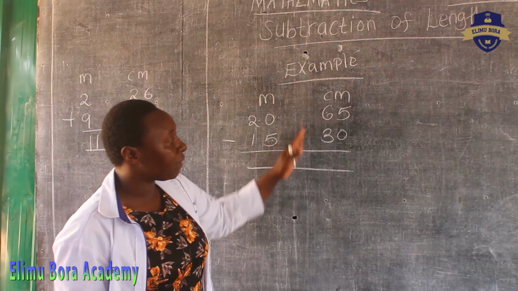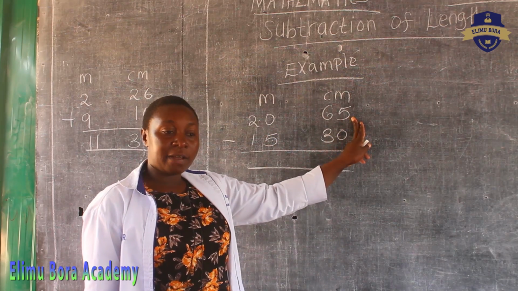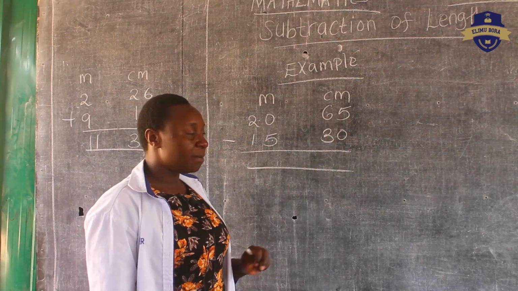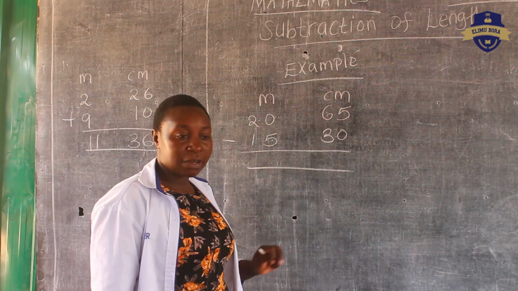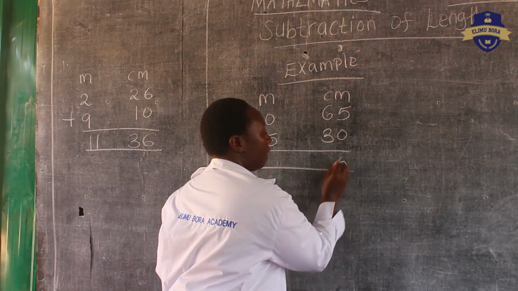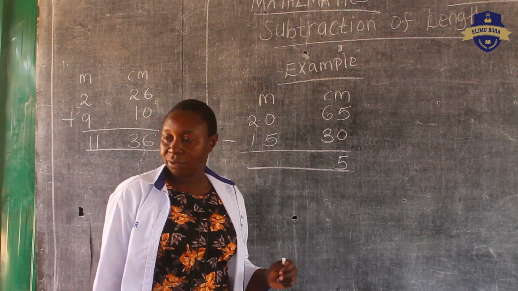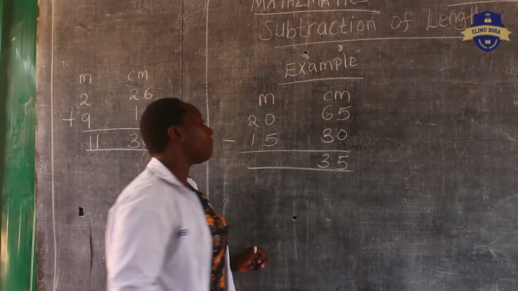Here we are having 5 centimeters, then we have 0 centimeters. 5 take away 0, what do you get? 5. 6 take away 3, what do you get? 3.